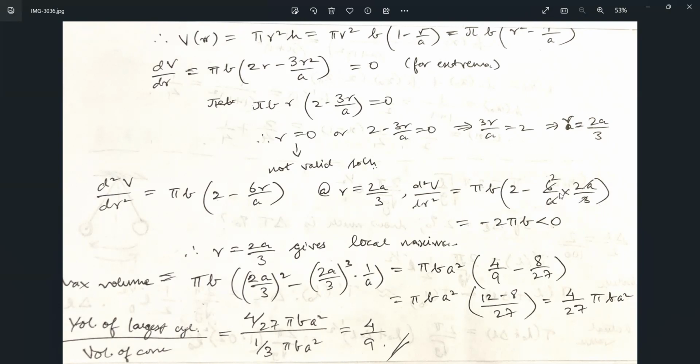So I cancel out A over here, and I get 2 minus 4, it is minus 2 pi b. As b is a positive number, this is less than 0. So a negative value means it's a concave downward curve. So r equal to 2a by 3 gives the local maximum.